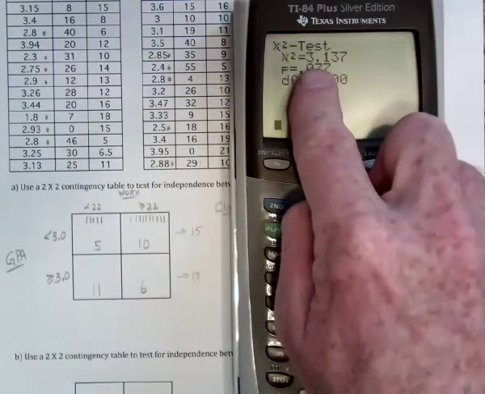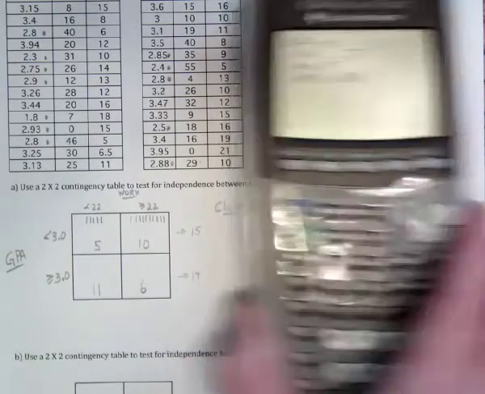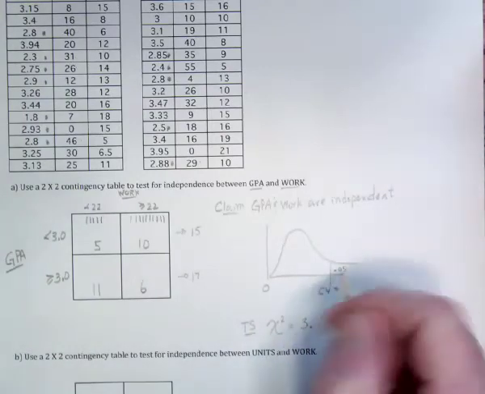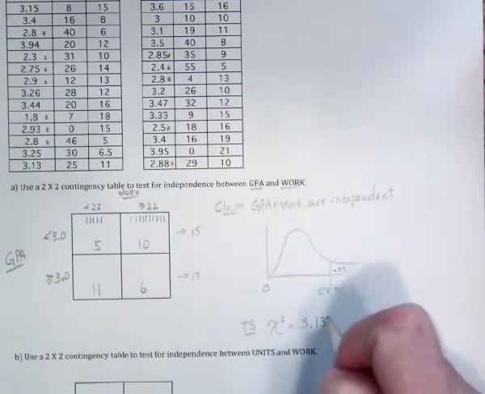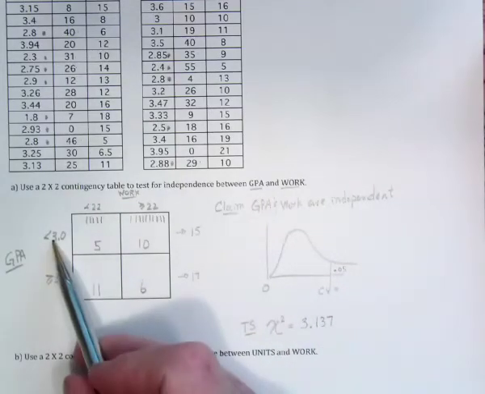So the chi-squared turns out to be 3.137. So that's the test statistic.